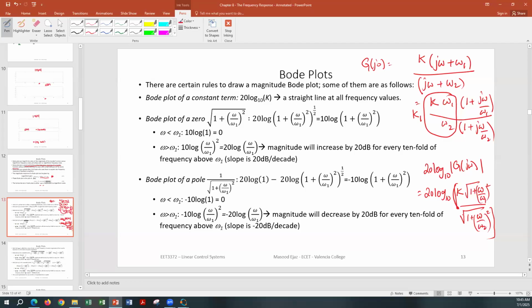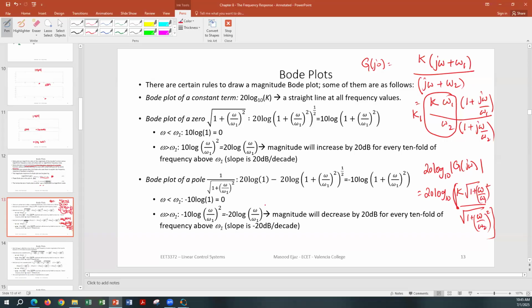When you are taking the log of A times B divided by C, how can you write this down? When you're taking the log, multiplication becomes addition and division becomes subtraction.